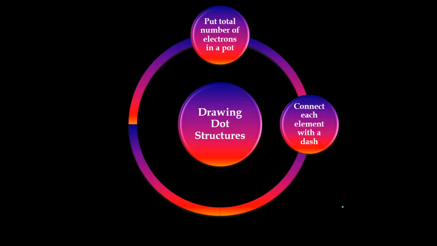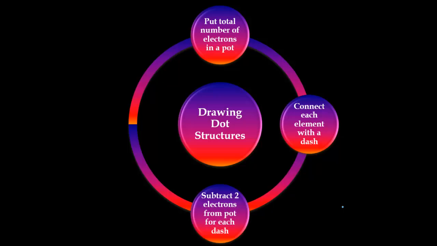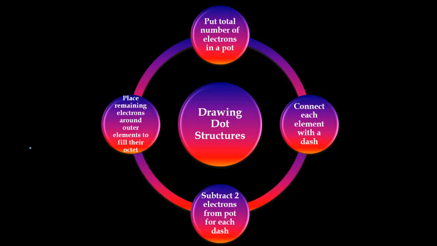And remember, each dash equals 2 electrons. So every time we attach elements together with a dash, we must subtract 2 electrons from our pot. Then any electrons remaining in the pot are going to be placed around your outer elements to fill their octet.